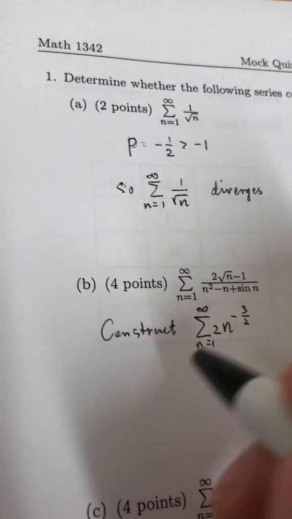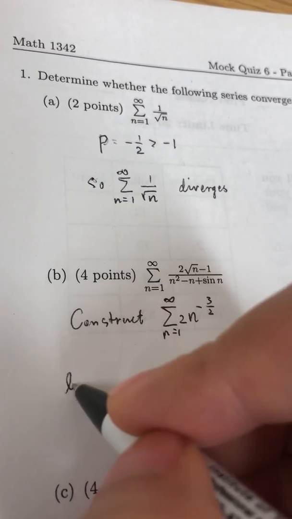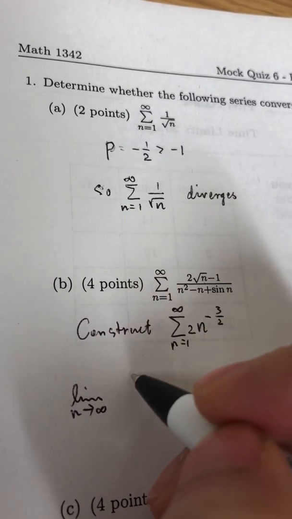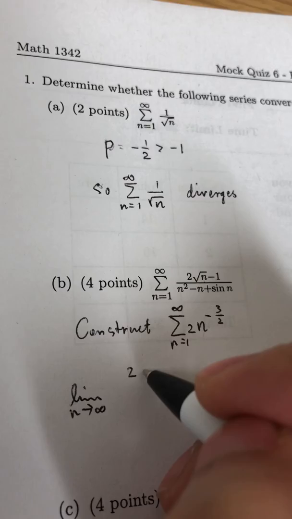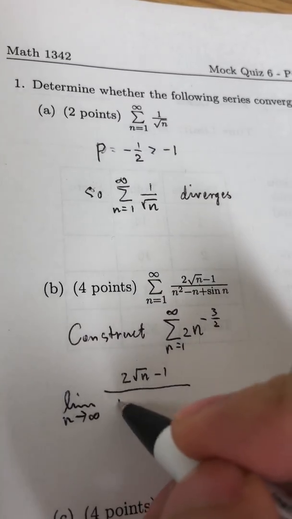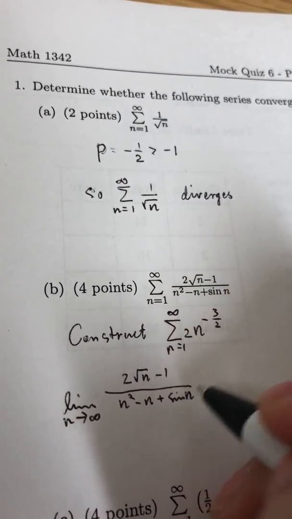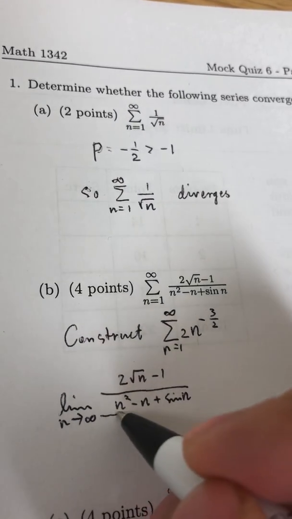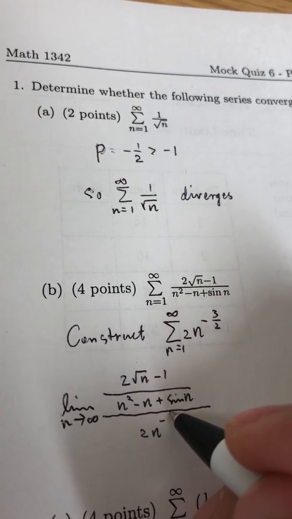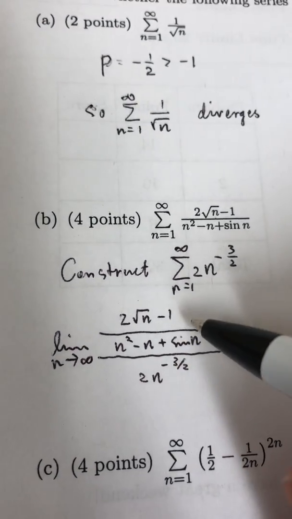Take the quotient, and then take the limit. Now you take the quotient and do a little bit of algebra.